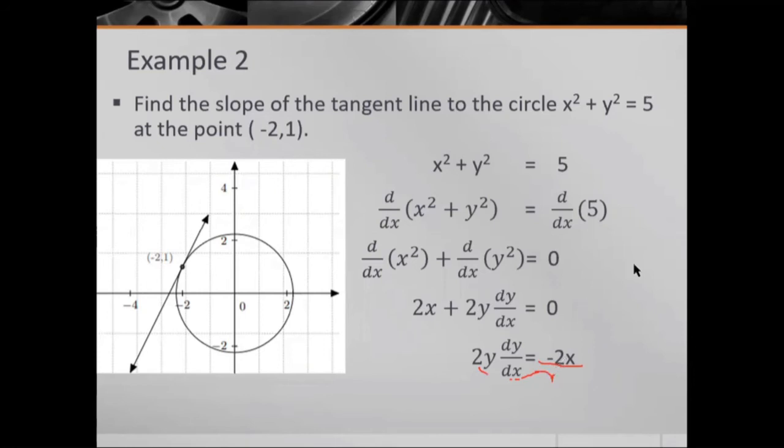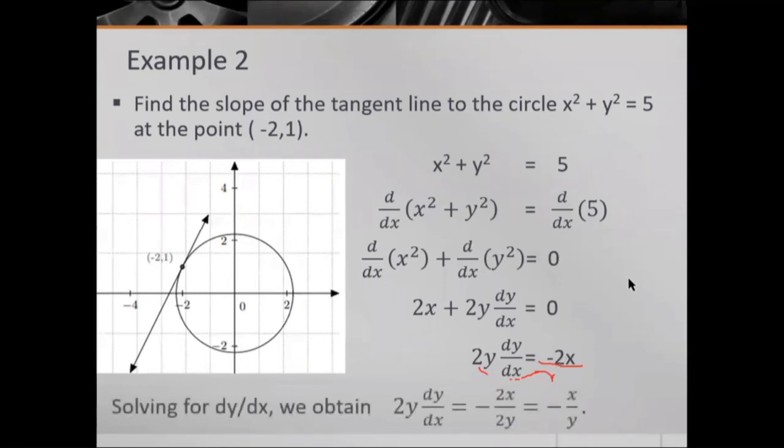So for solving dy over dx, we obtain dy over dx is equals to negative 2x over 2y. So, cancel na to. And pwede naman natin siya i-simplify. So, magiging negative x over y.